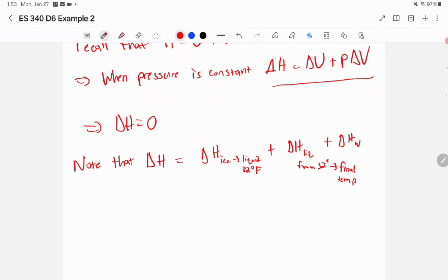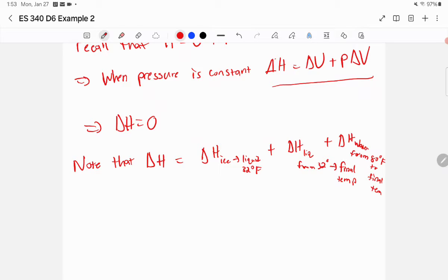The ice was heating up, the water is cooling down from 80 to final temp. So that's what that's going to be equal to.